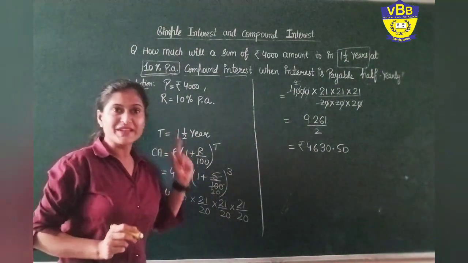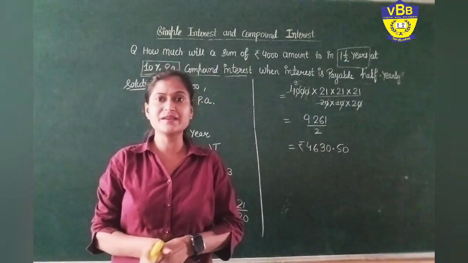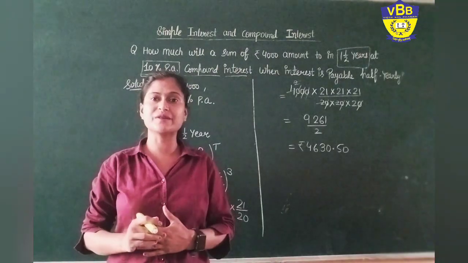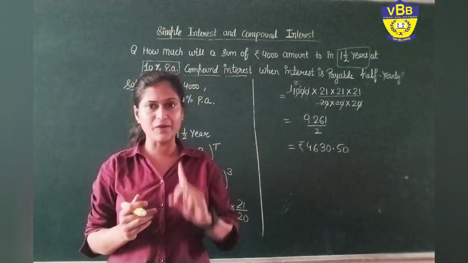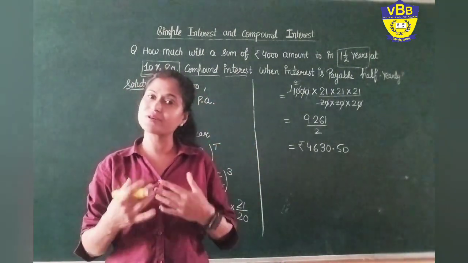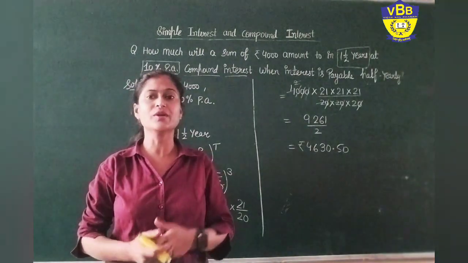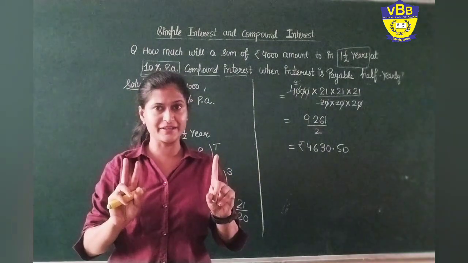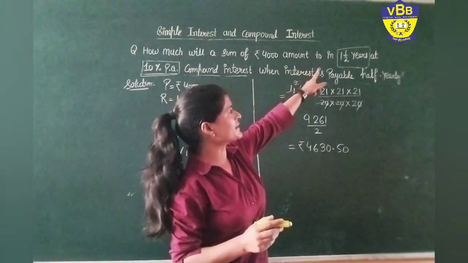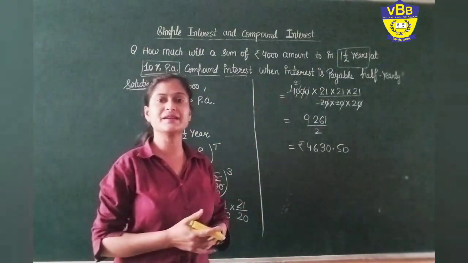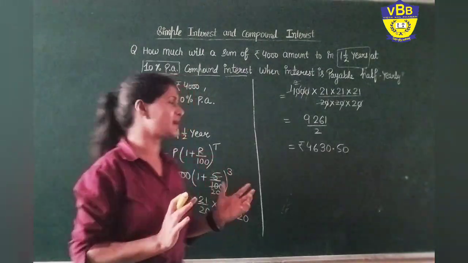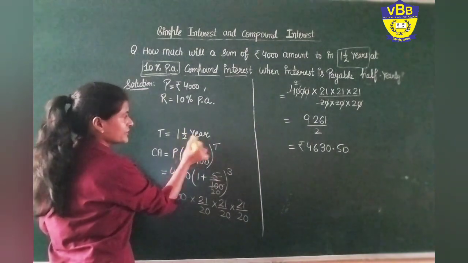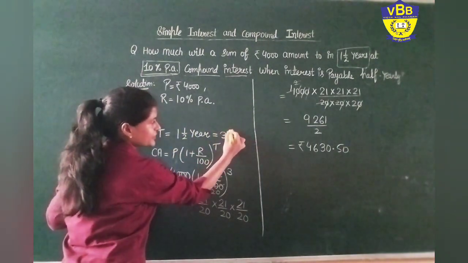Please tell me, in 1 year how many half yearlies will there be? For 6 months it is 1 half yearly, and for the next 6 months it is another half yearly. So in 1 year there are 2 half yearlies, and in 1 and a half years it makes 3 half yearlies.